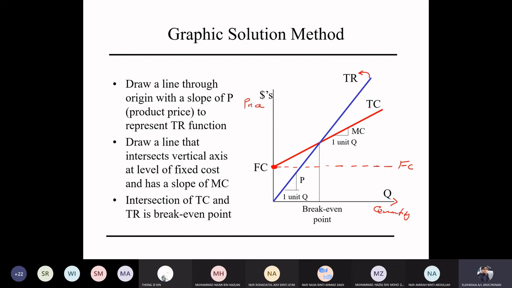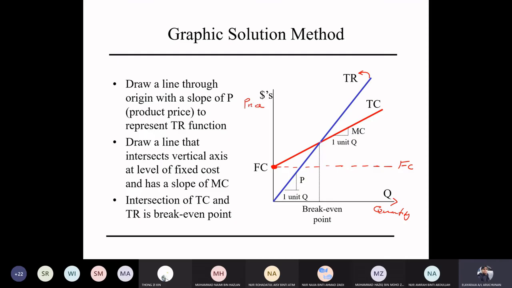The TC is the total cost, and this is the marginal cost. The changes in the line, the red line, which is the total cost, we call the marginal cost. The intersection of TC and TR is called the break-even point, which is here.